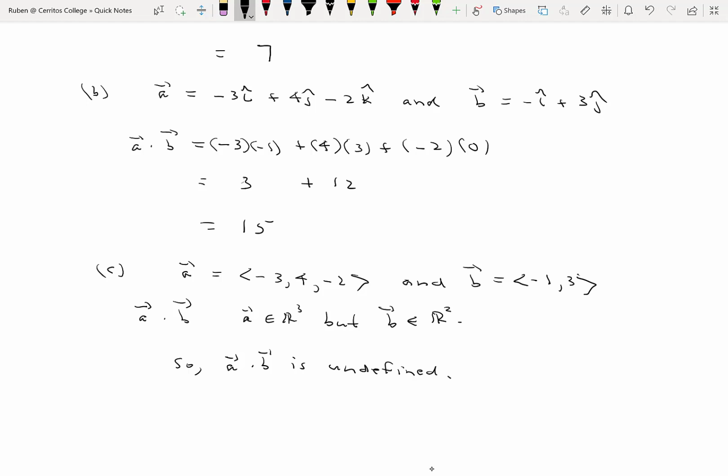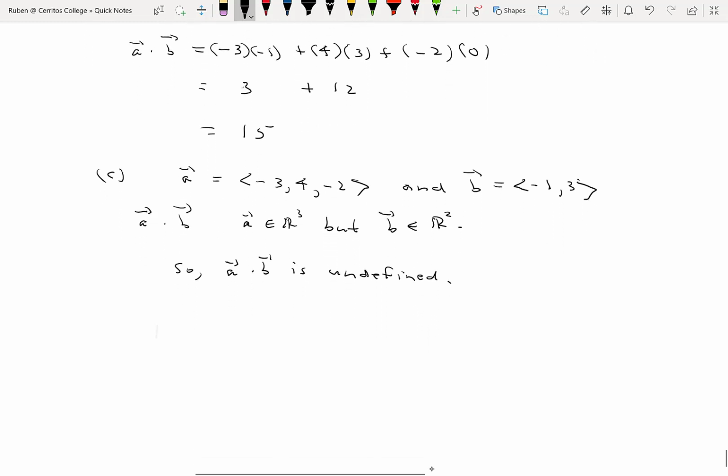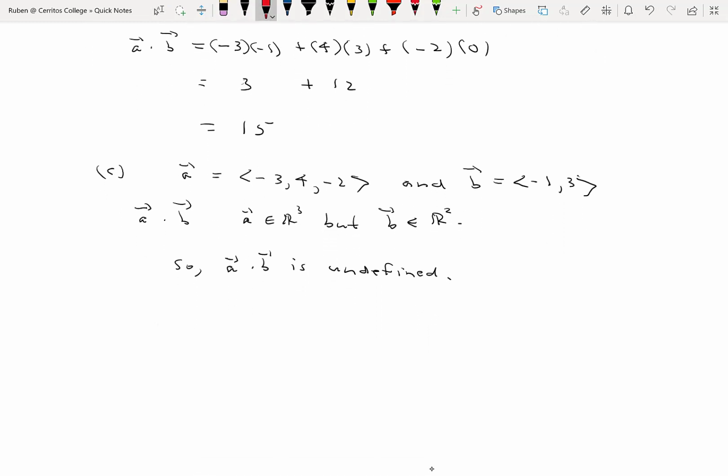Undefined. Okay, so there's a little danger with the different notations. Before, in part B, I had the vector B as -i plus 3j. What space is that vector in? The answer is it's in whatever space you want it to be in, either R2 or R3.